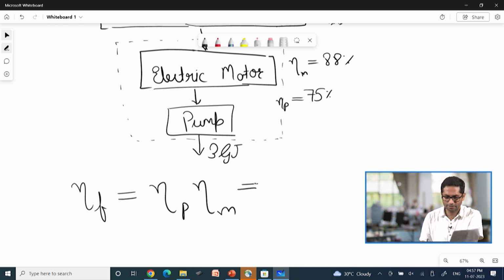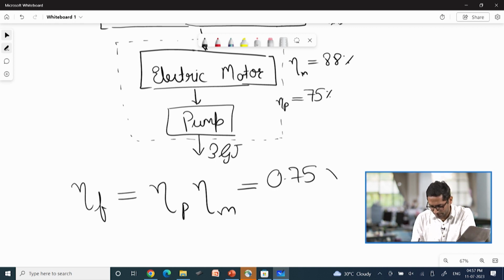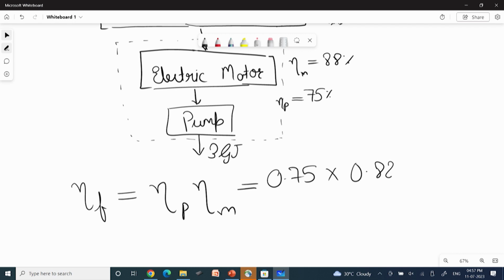You multiply the two, 0.75 into 0.88, and you should get a value of around 66.66 or 66% as the overall efficiency from a farmer's point of view, which appears to be quite good. Based upon the electricity that you are getting, you can convert around 66% into useful energy, which happens to be very nice.